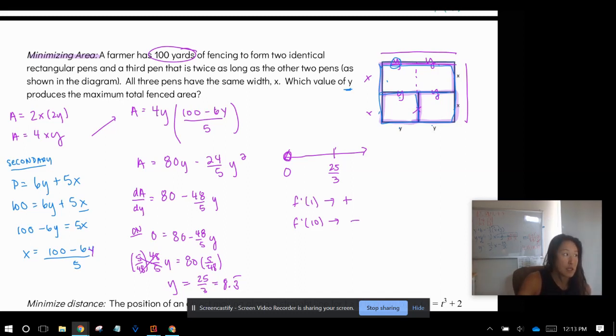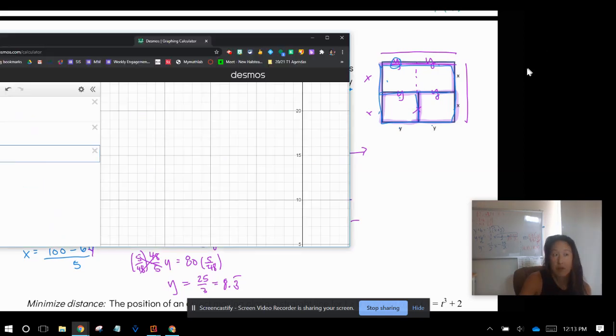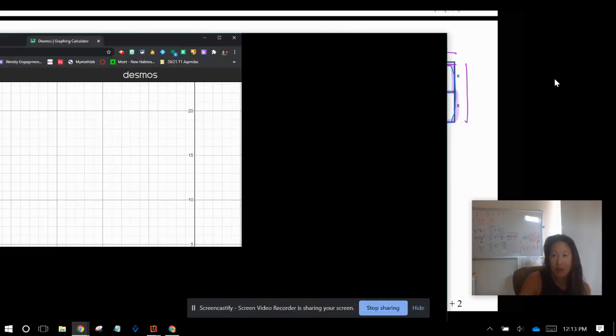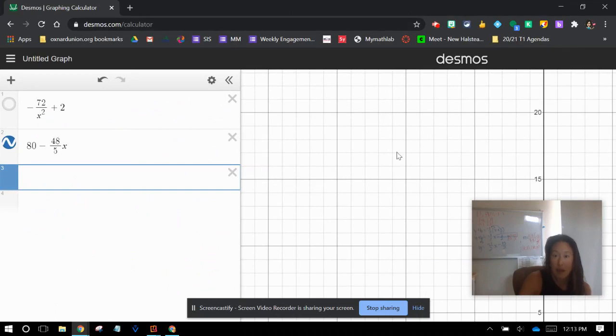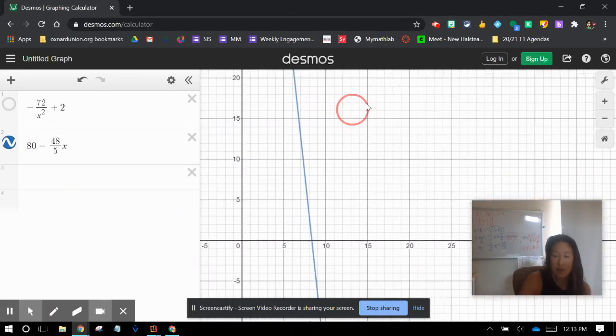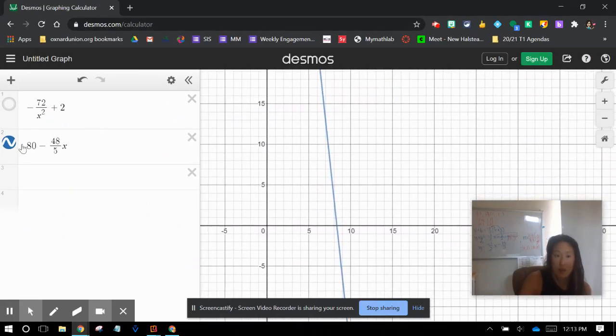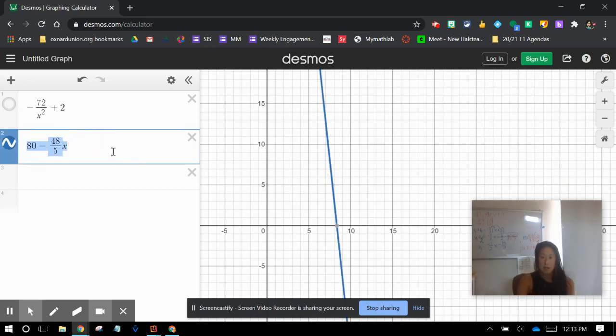What I did was I used a graph to figure out my positives and negatives, and I just substituted in my derivative, so 80 minus 48 over 5x. So you can put this in for y1 in your calculator.